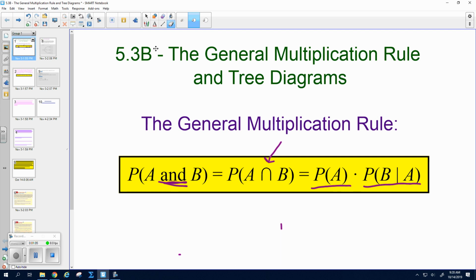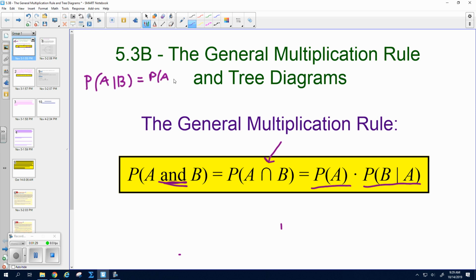So do you guys remember the conditional formula? The probability of A and B, not A and B, sorry, the probability of A given B equals what on the top, Sam? Luke, can you help him out? No?